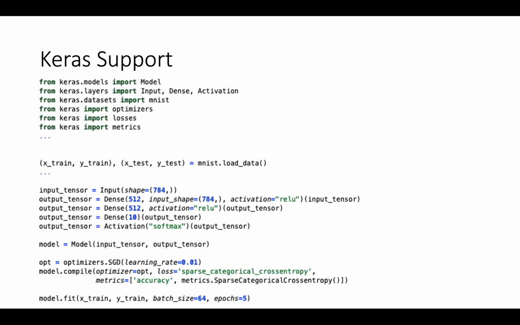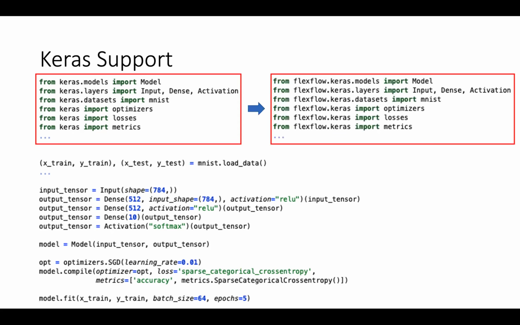Now I'm going to introduce the Keras support. By the way, we will also provide a demo to show how to run a Keras and a PyTorch model with FlexFlow later in the hands-on exercise. Here is an example of a Keras model. In order to run the model with FlexFlow, you only need to change import Keras to import FlexFlow Keras.